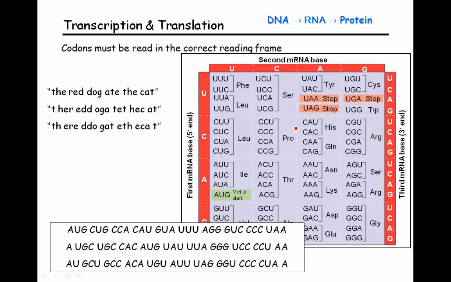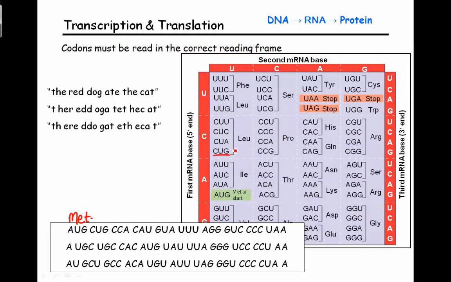So if we look at this piece of RNA down here, at the very first line, we see initially we have an AUG. If we wanted to figure out what the polypeptide or protein is that we're going to make from this, we would take the AUG and find it on the table. So here we see it. AUG is our start codon, and notice that it codes for the amino acid methionine. Next, we would look up CUG.